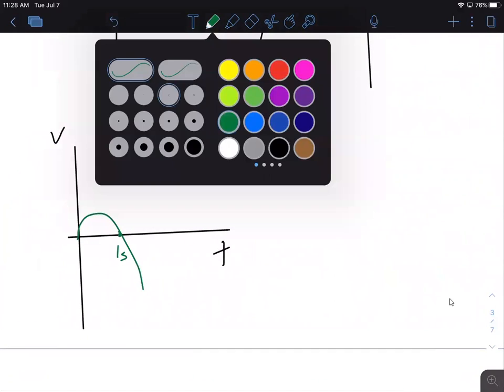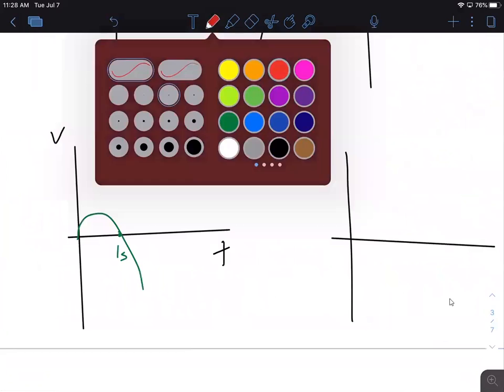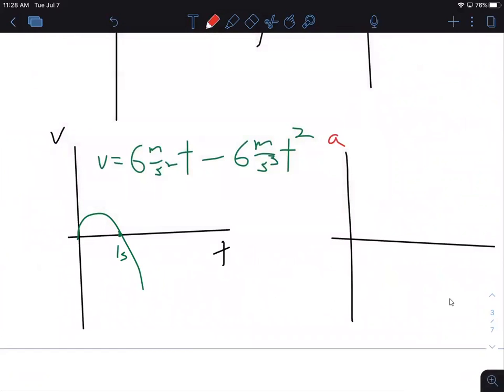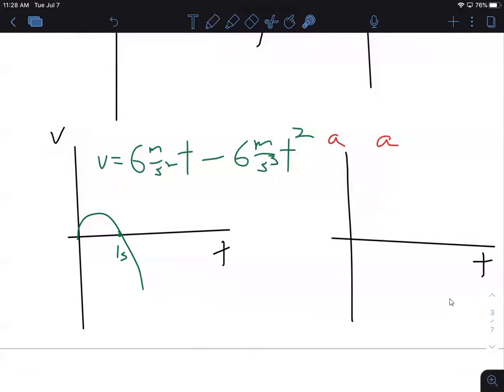And acceleration, we're just going to find the derivative of the velocity with respect to time. To do that, all right, so t to the 1 times 6 is 6.